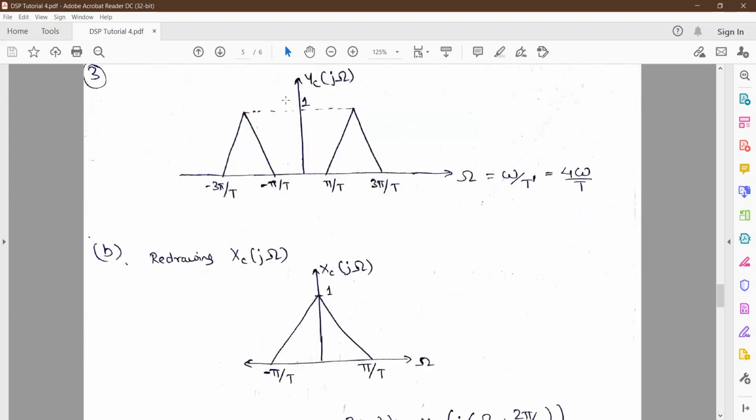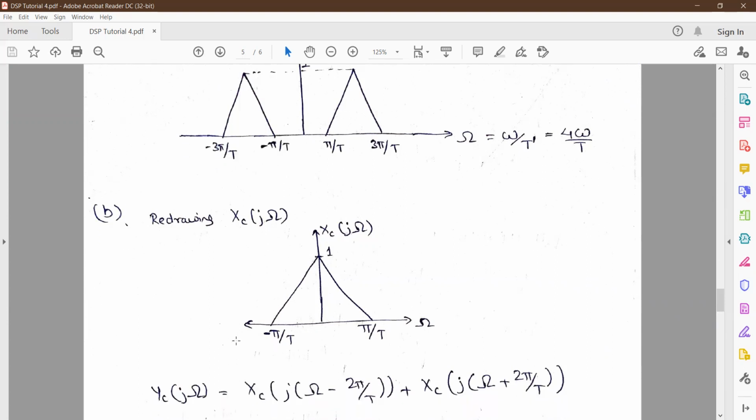We have to write the output spectrum in terms of the input spectrum. Clearly, if we shift this spectrum by an amount of 2π by T, then this minus π by T will become π by T, and this π by T will become 3π by T. Similarly, if we shift it in the other direction by again 2π by T, then we will get this part.